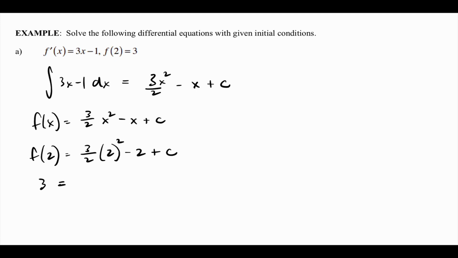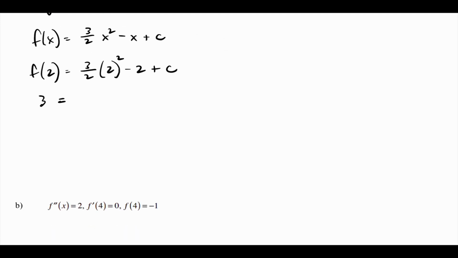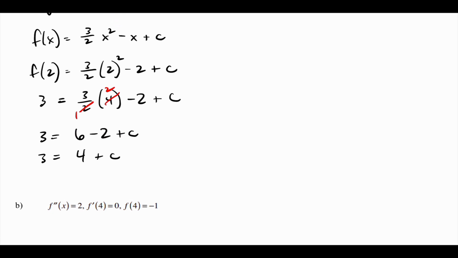So I simplify. So 3 over 2 times 4 minus 2 plus c. So the 4 and the 2 cancel out. So I get 3 equals 6 minus 2 plus c. Now we can solve for c.